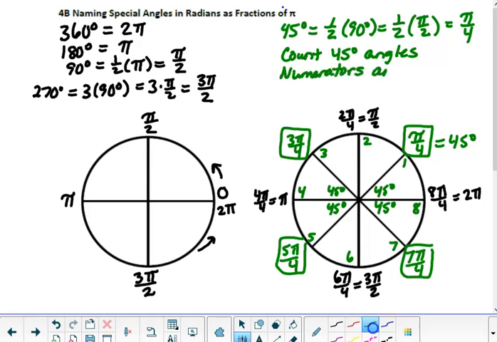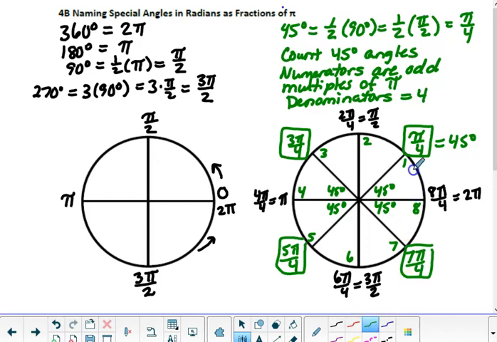Numerators are odd multiples of pi and the denominators equal 4. And these are just ways to help you remember those special angles.